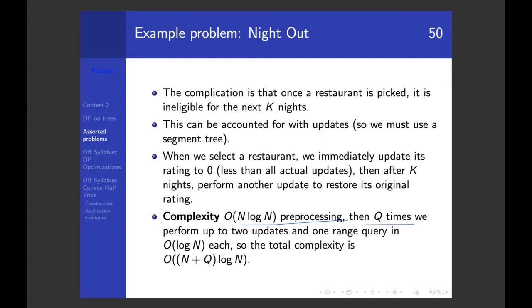So 2 updates plus 1 query, log n each, so n log n plus Q log n overall, which is again fine. 100,000 times 17, or 200,000 here times 17-ish, 3-4 million. It's fine.